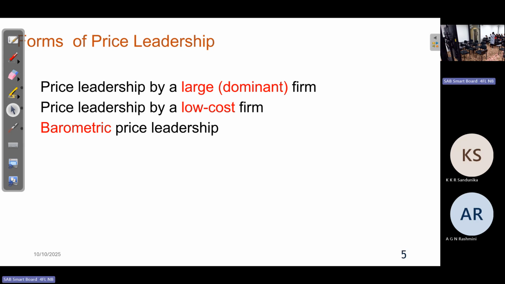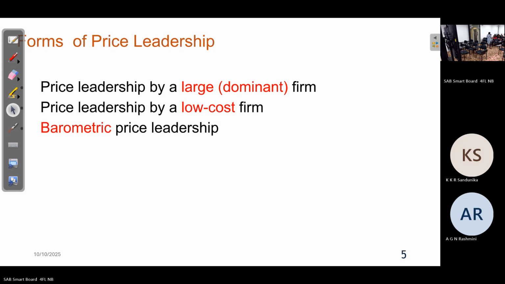Elephant House, in ice cream and soft drinks, dominant firm. Okay, largest market share. Anything else? Unilever in terms of what? In consumer goods, maybe multinational companies. Unilever has the largest market share.